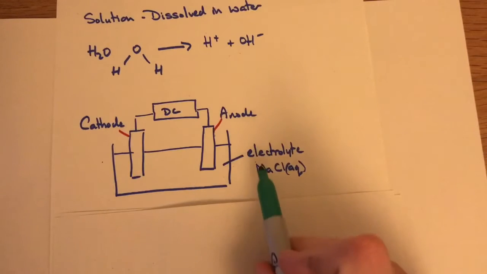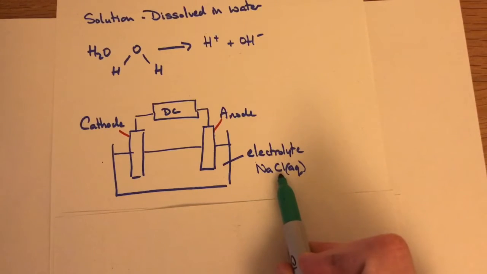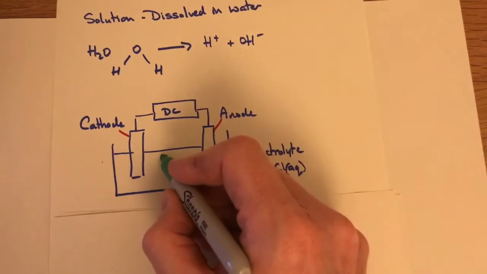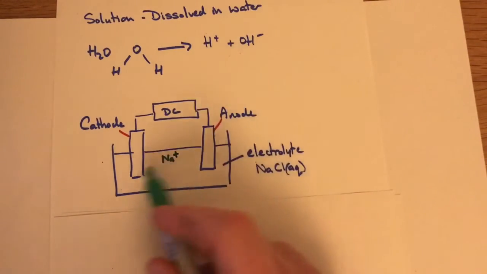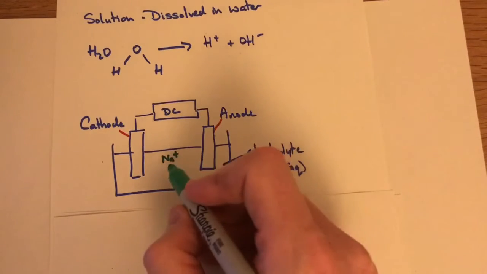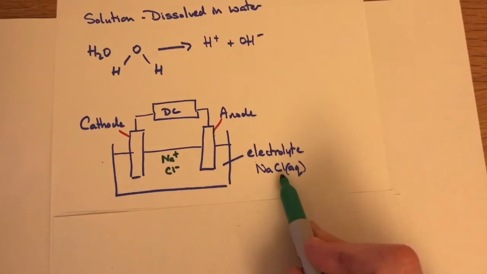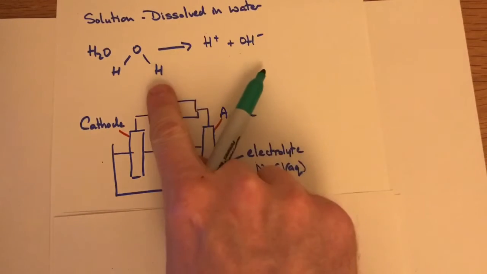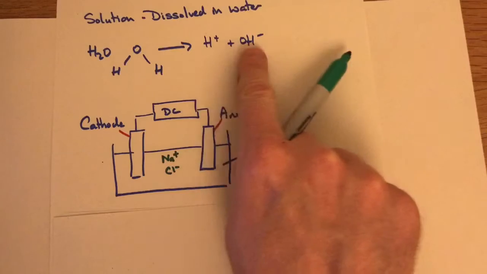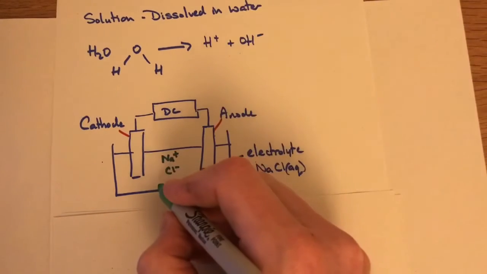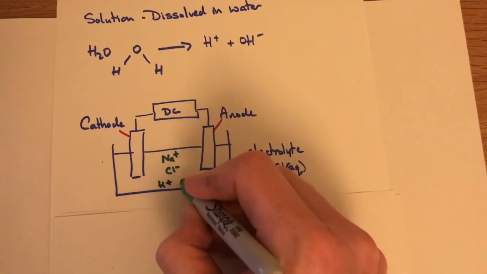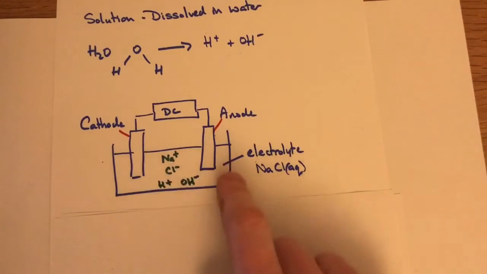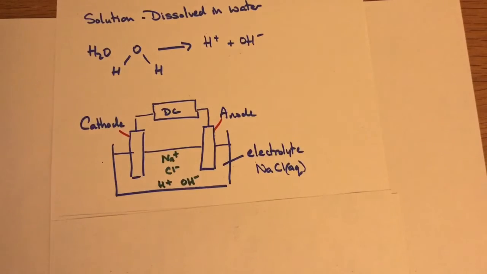If our electrolyte is sodium chloride in my example, and it's aqueous, this means I will have sodium ions from the ionic compound and chloride ions from the ionic compound. Because it's aqueous, it means it's dissolved in water, so I will also have H+ ions and OH- ions. So here now, inside my electrolyte, I've got four lots of ions moving around.